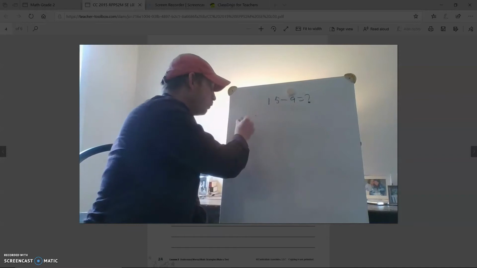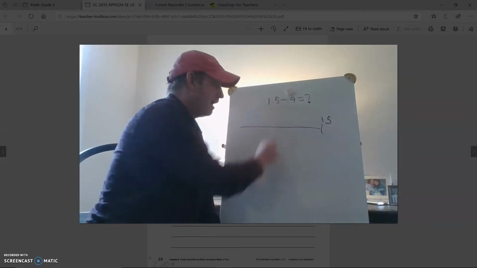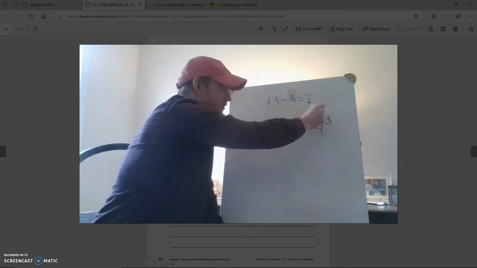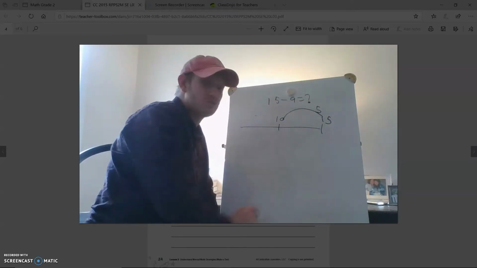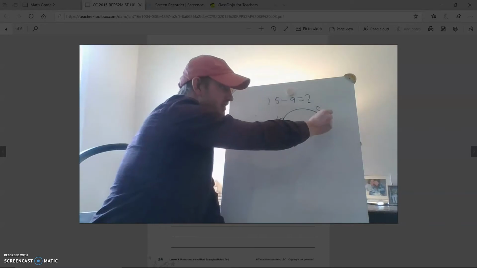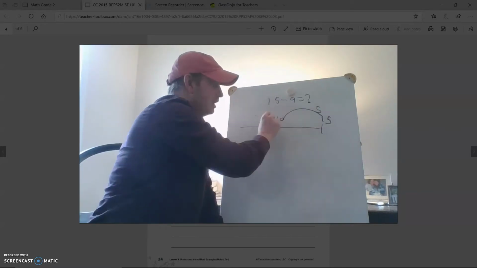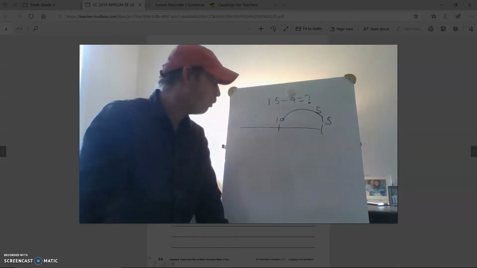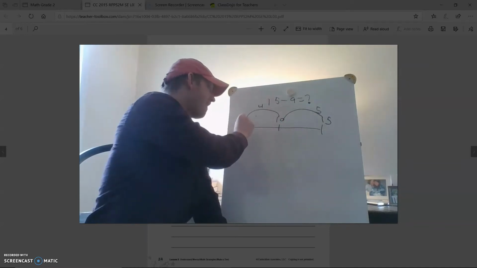In bigger terms, what we did was we started at 15 and we made our 10 by dropping down by 5. Because remember from our pattern, if you're subtracting, all you're doing is subtracting the ones place from our double-digit number, and that will give us our even 10. Then we had 4 more left, so we went like that for 4, and that gave us the answer of 6.